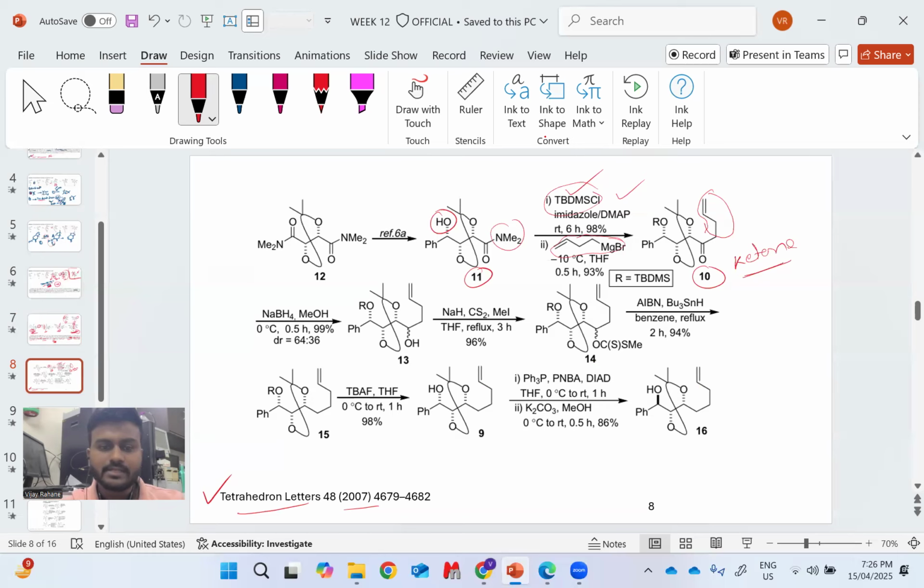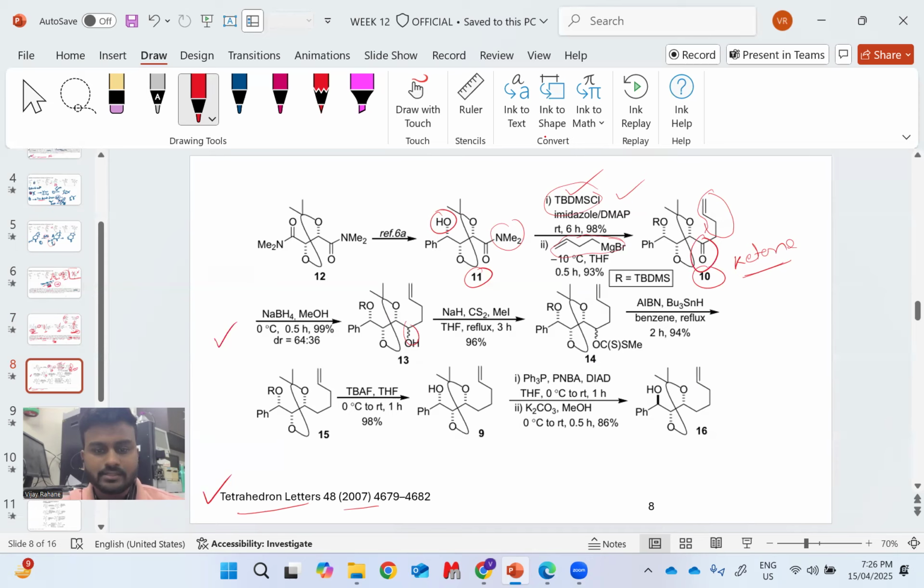The second step here is interesting, which is the sodium borohydride and the methanol. So that's the reduction of the ketone. This is the ketone, and the reduction takes place here. So this is not a stereoselective reduction. Further, the next step is the addition of sodium hydride, CS2, and the methyl iodide.